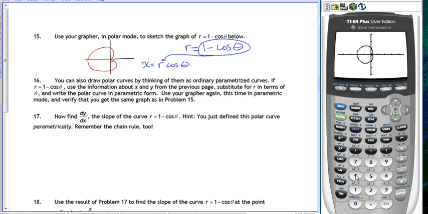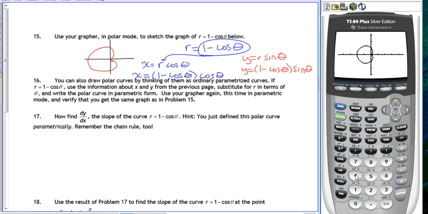So instead of the example I showed, where the variable for y and x was t, the variable for this one is going to be theta. So we're going to have x equals 1 minus cosine theta, plugging that in for r, times cosine theta, which is just still there. We're going to do the same thing with our y equation. Y is equal to r sine theta, and so y is going to be equal to 1 minus cosine theta times sine theta. So here we have this polar equation written now in parametrics.